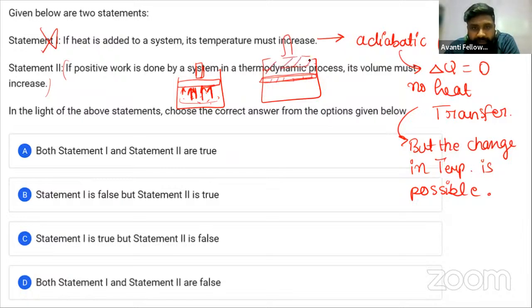And this will be the increase in volume, okay? So yes, if the system is doing work, then the volume must increase. So this statement is correct because gas will expand, and in an expansion there must be an increase in volume. So statement 1 is false, but statement second is true. Okay.